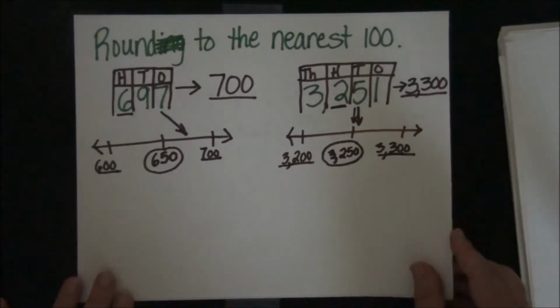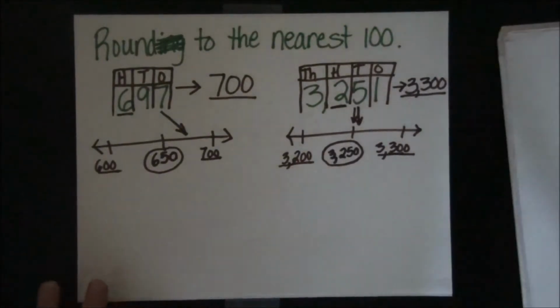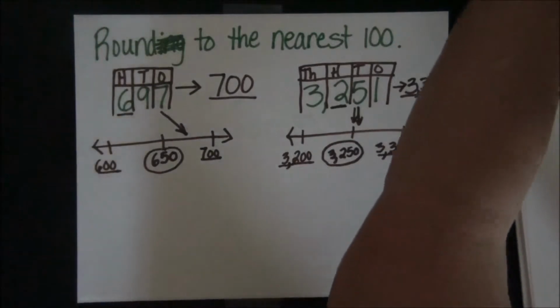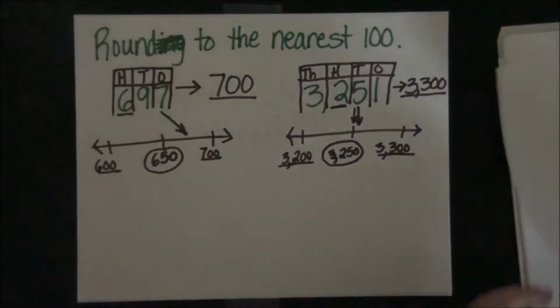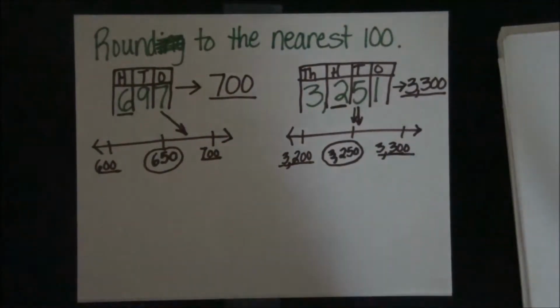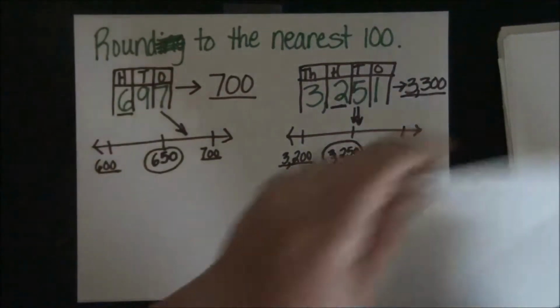So anyway, here are the steps for rounding. This is going to take a little while to write them out, but I am going to review at the end. So don't disappear on me and be like, oh, we're done. Because we're not. Okay, and I'm going to zoom in a little bit so that you can see it a little bit better. We're going to call this steps for rounding.